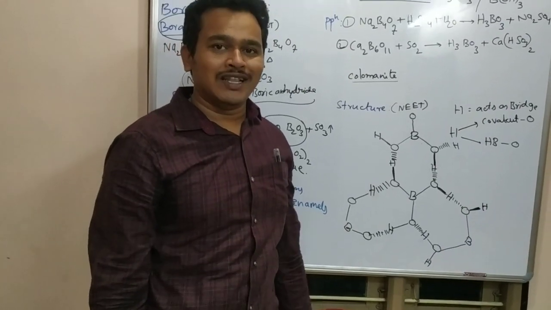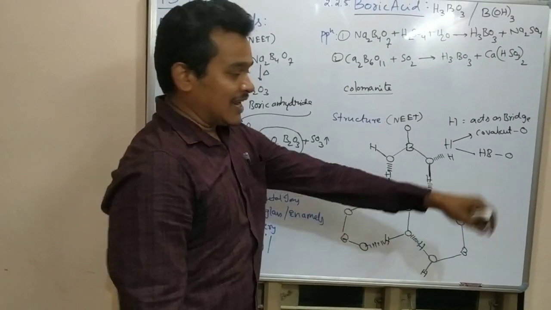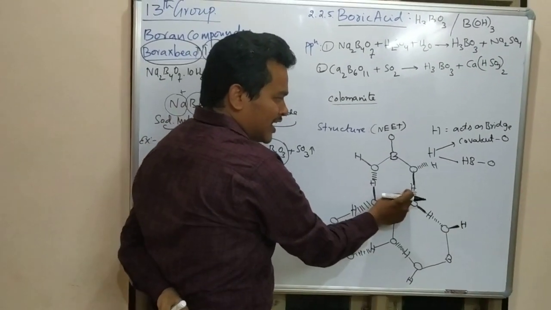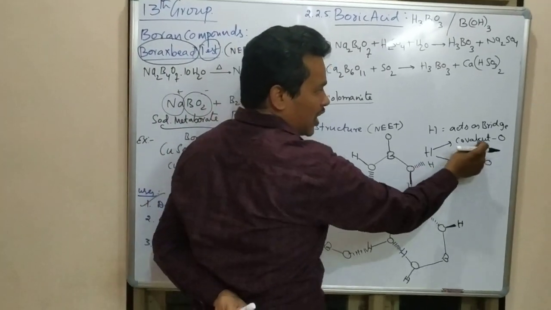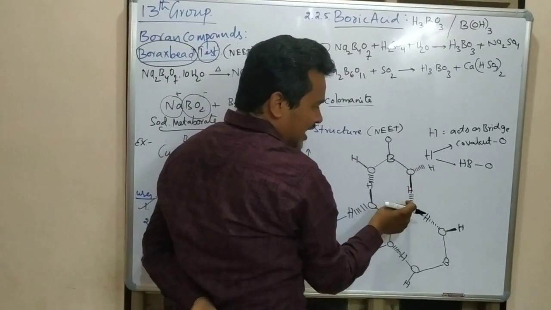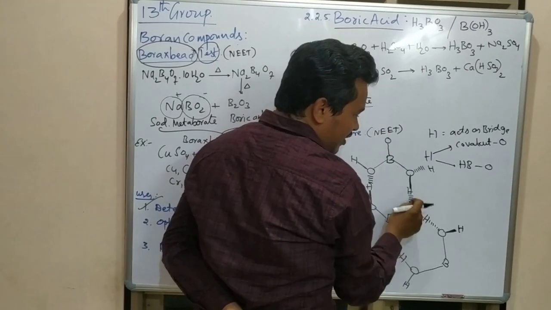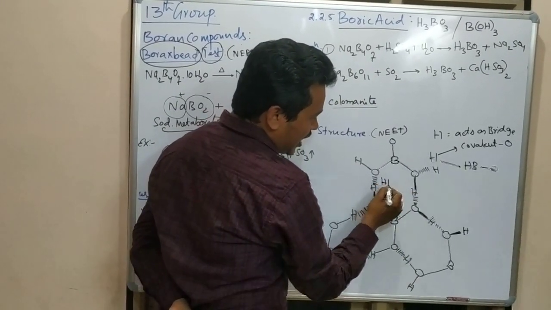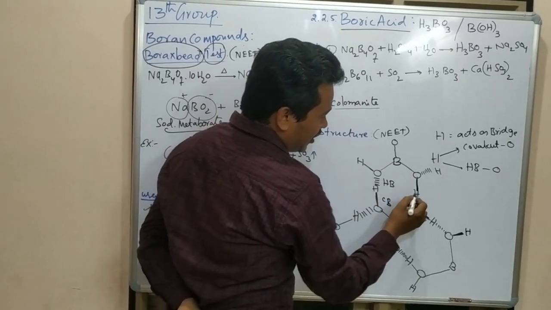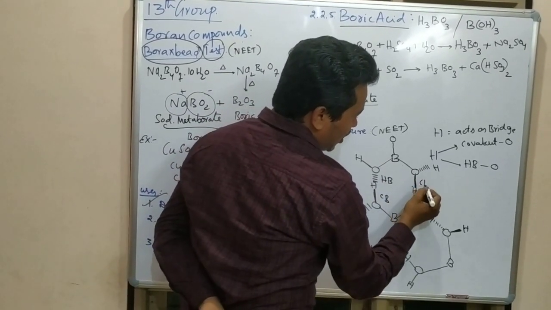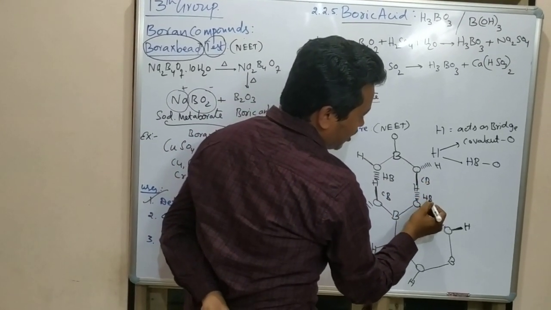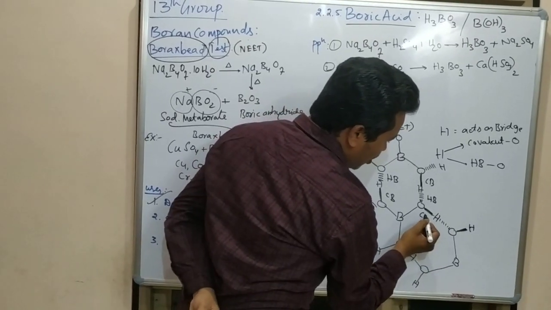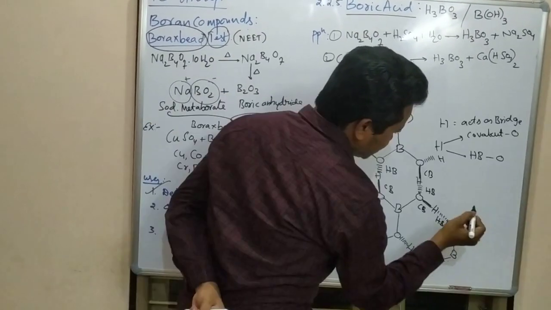Like that I am going to write the structure. Understand now? Like this, hydrogen acting like a bridge. One hydrogen can make 1 covalent bond like this, and on the other side with the other oxygen it is making 1 hydrogen bond. One hydrogen, 1 covalent bond, 1 hydrogen bond, repeated for each hydrogen.